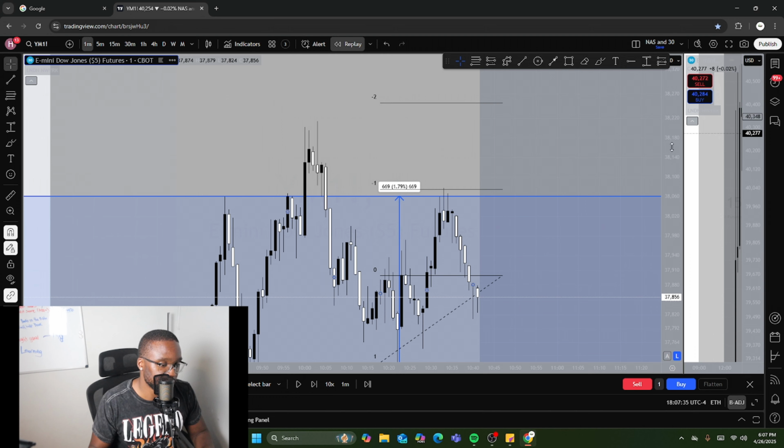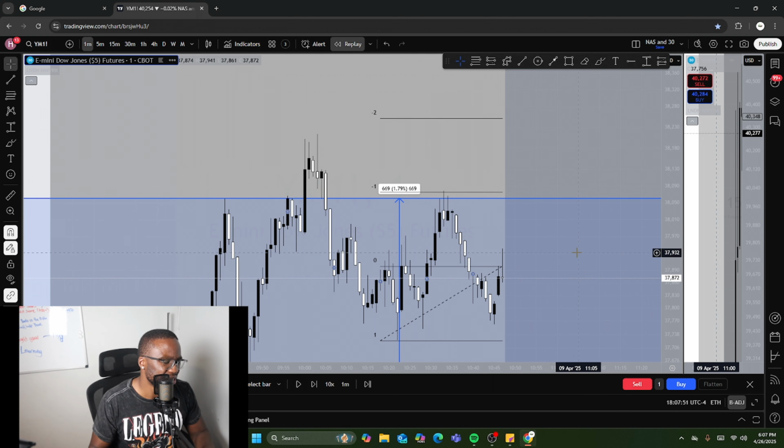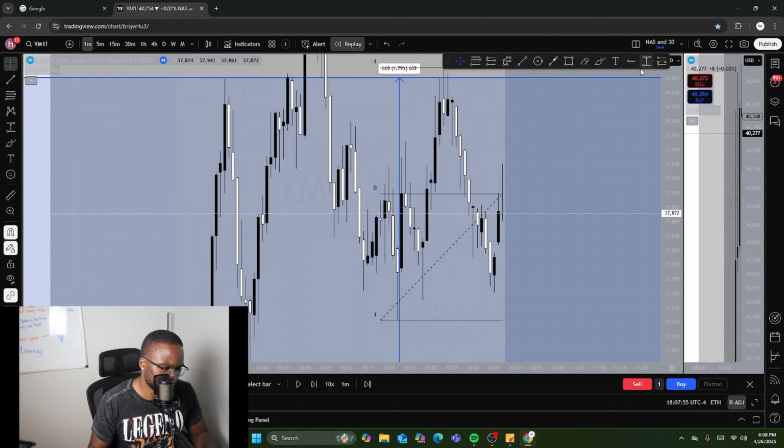Let's get this. I'm looking for a bullish candle. Let's get a bullish push. It's dropping. That's nice. You see this little gap right here? Gaps like this. Where's the damn pencil? There it is. See this little gap right here?